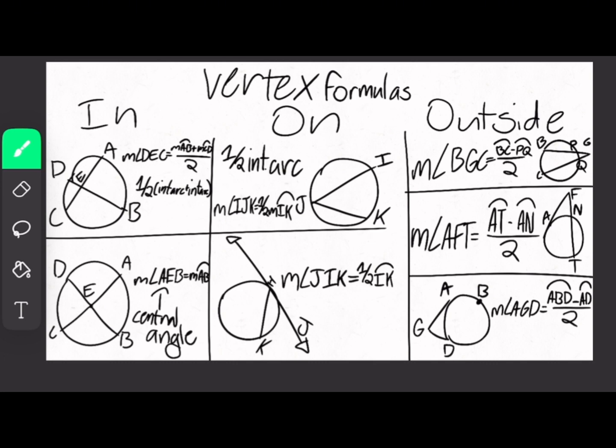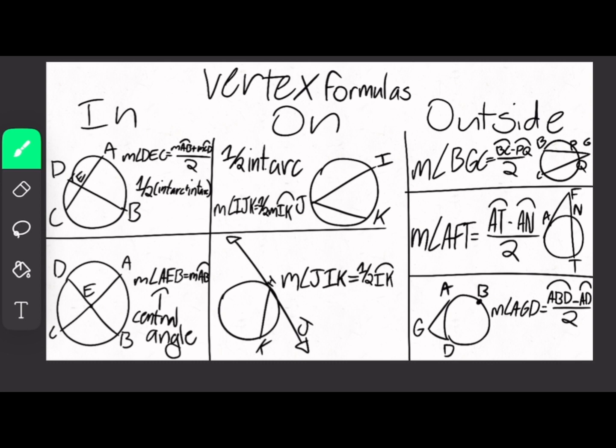But for a non-central angle, the formula would be 1/2 of both intercepted arcs added together. In this case, this would be measure of arc AB plus measure of arc CD, divided by 2 to get measure of arc DEC.